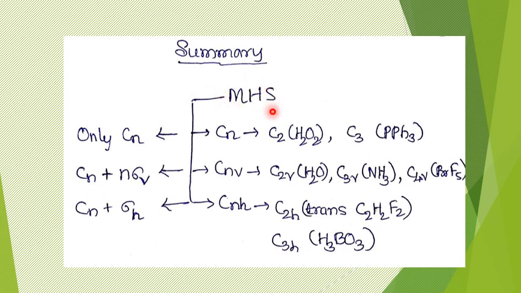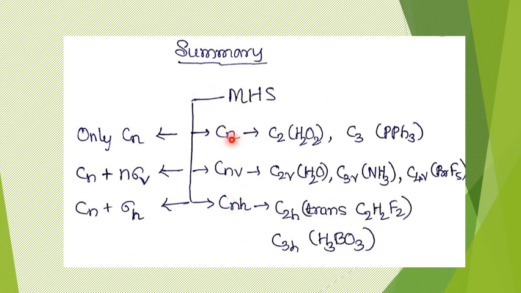In this MHS, 7 different point groups are possible. Out of that, 3 different point groups have been considered for today: first Cn, then Cnv, and third Cnh.